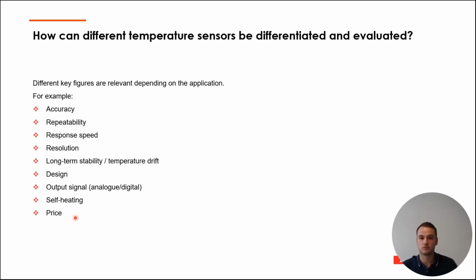Also, the price could be basically everything. There are sensors for a few cents up to several euros. It always depends on your application and on which key factors you need. So to summarize, different technologies have different strengths. In the next step, I will introduce you to the strength of our digital temperature sensor, which is based on a semiconductor, using the example of the SMT172.